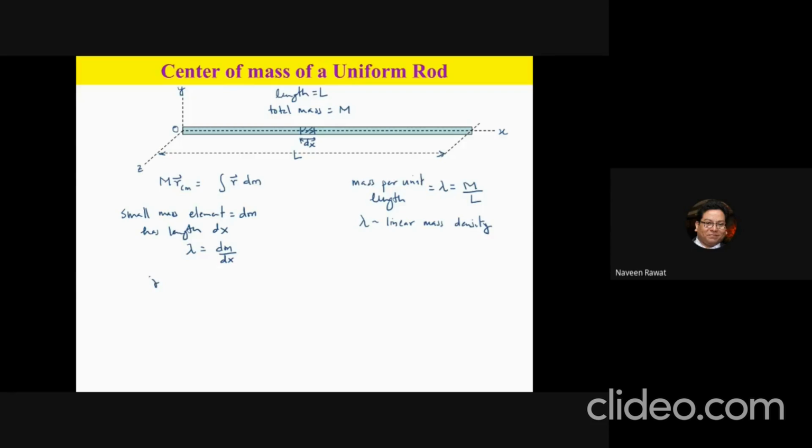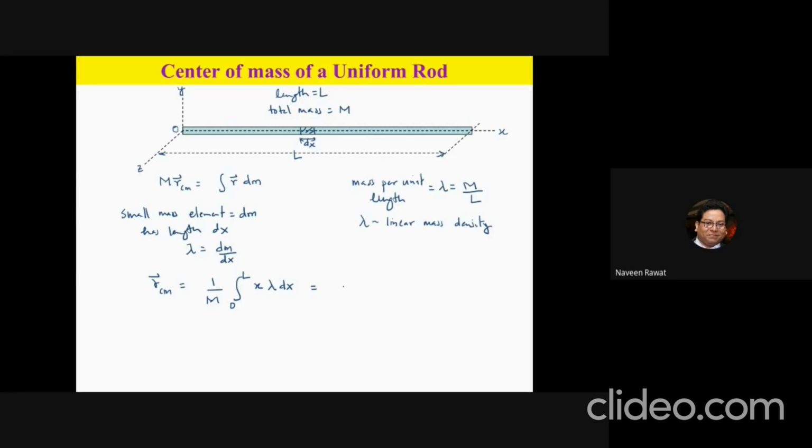So let's calculate this. The position of the center of mass will be 1 over total mass integral of, now you're integrating along this length. You have chosen this as your point of origin, so you are integrating from 0 all the way to L. So your limits are 0 to L, and r is your position along the x-axis, so r becomes x, and instead of dm we are now going to use lambda times dx.